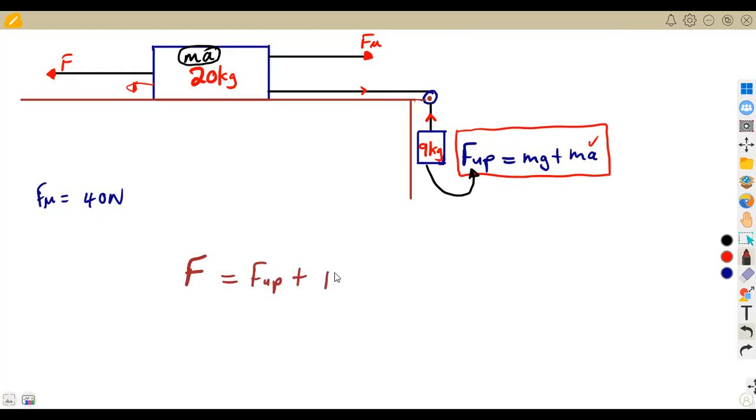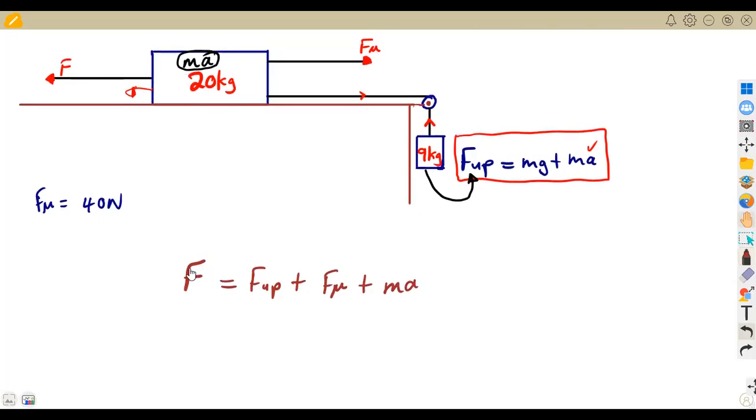The frictional force is going to be considered, and also the accelerating force of this object of 20 kg. It also has to be affected. So these are the forces that we are going to take into consideration in order for us to have the equivalent force.